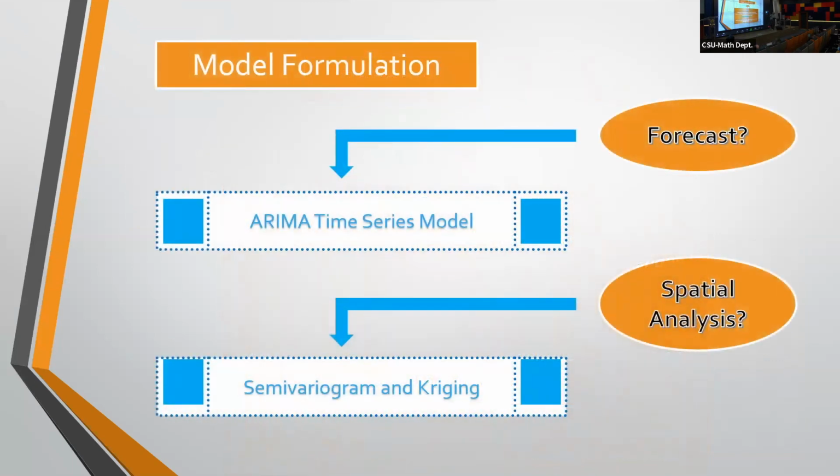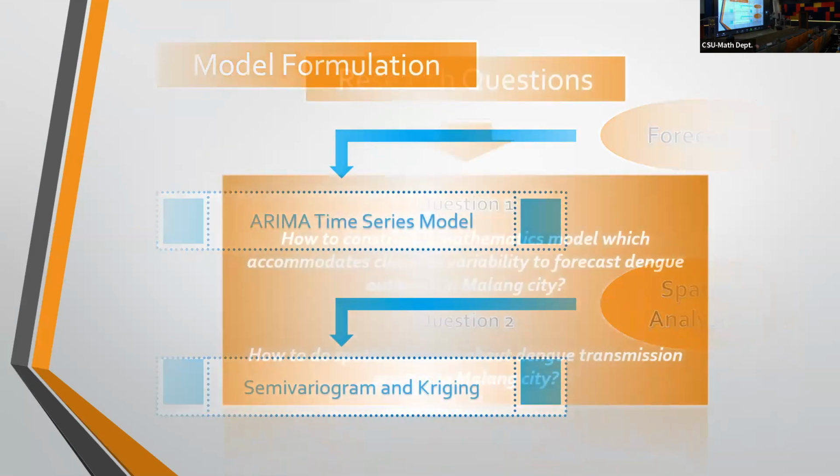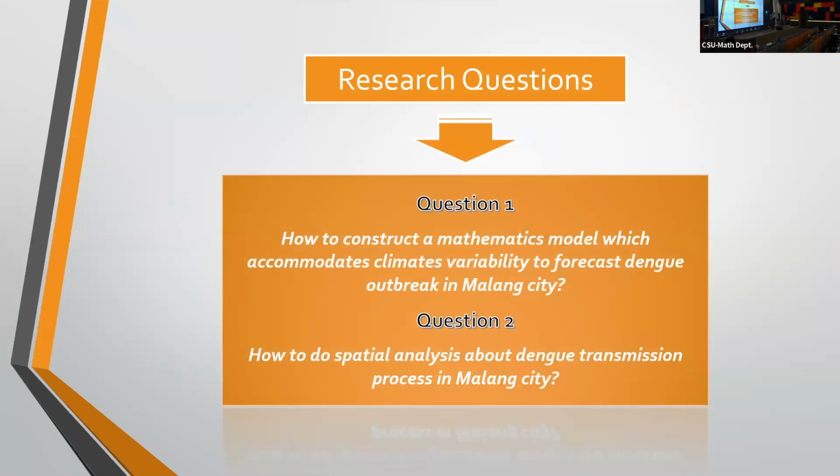And our research question is how to construct a simple model which accommodates climate variability to forecast dengue outbreaks in Malang City based on the local government data, and how to do spatial analysis of the dengue transmission process in Malang City.